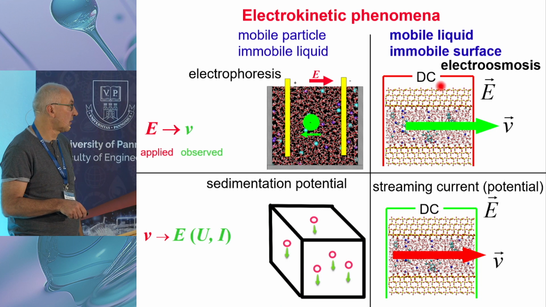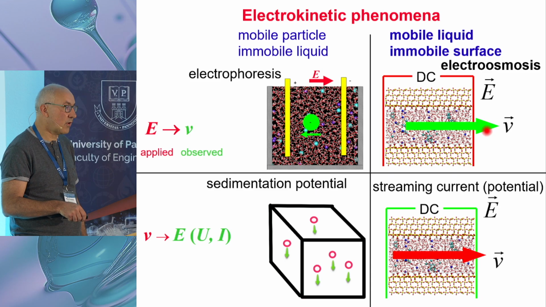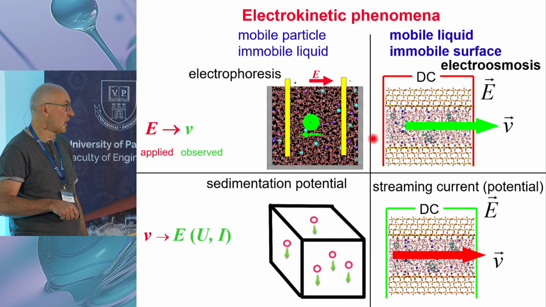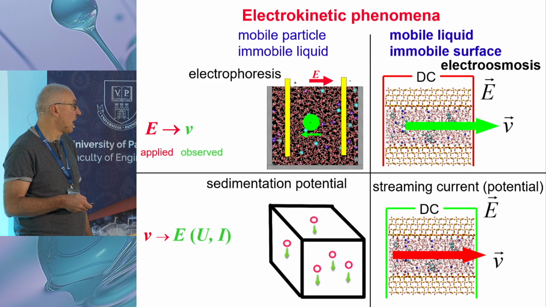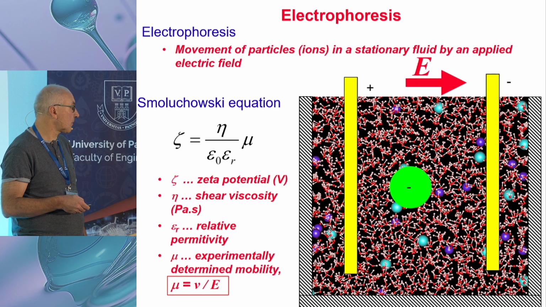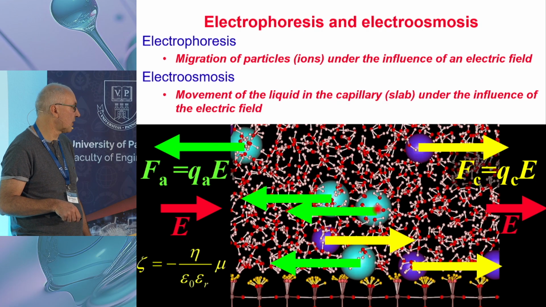So it was much better to simulate electroosmosis, where I have an immobile surface. I can average the motion of a lot of water molecules, and I have very good statistics. That's why I was modeling electroosmosis. This is the view of the interface.